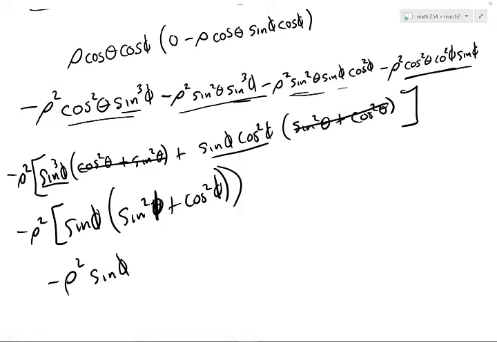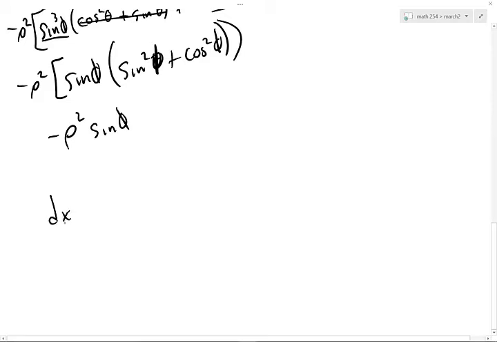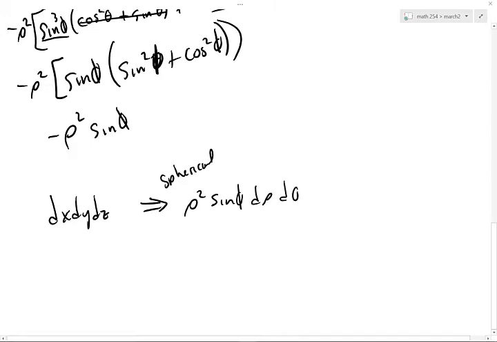And so when you go from dx, dy, dz to spherical form, you will replace those with rho squared sine phi d rho d theta d phi in whatever particular order you want. But you must have the rho squared sine phi with you when you go.